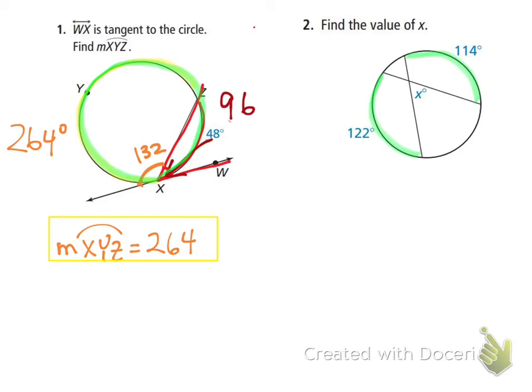Does X correspond with these 2 arcs? Does X form either of these arcs? It is not. So when we use this property, we're going to find the measure of these 2 angles, but that doesn't tell me what X is. What would I do afterwards? If I know this angle, how would I find the value of X? Subtract from 180. They'd be a linear pair.